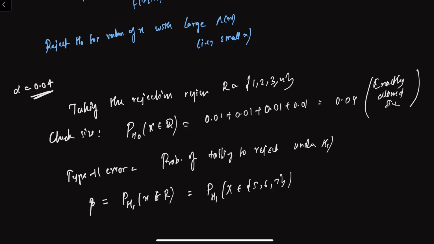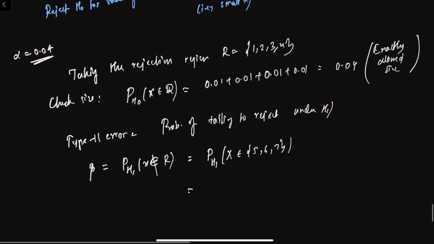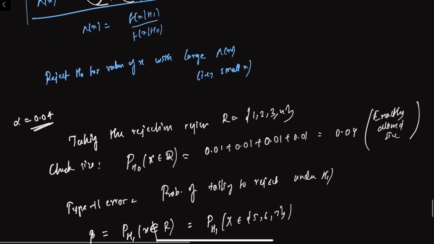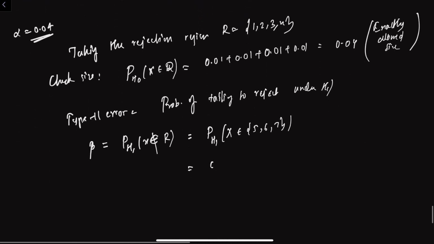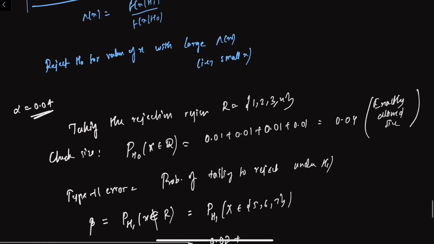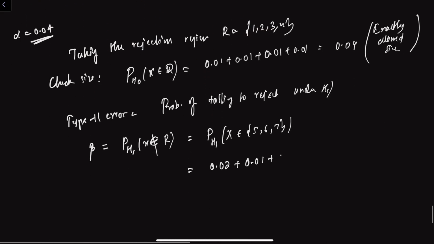So that is 0.01 plus 0.02 under H1, plus 0.79, which is nothing but 0.8.